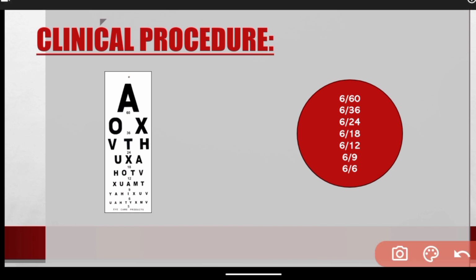We should understand that 6/6 visual acuity is considered to be the standard visual acuity. Okay, and as the number in the denominator of the visual acuity, meaning 9, 12, 18, increases, the increase in the number implies that the visual acuity becomes poor. So 6/6 is the standard, and 6/60 is the poorest visual acuity.